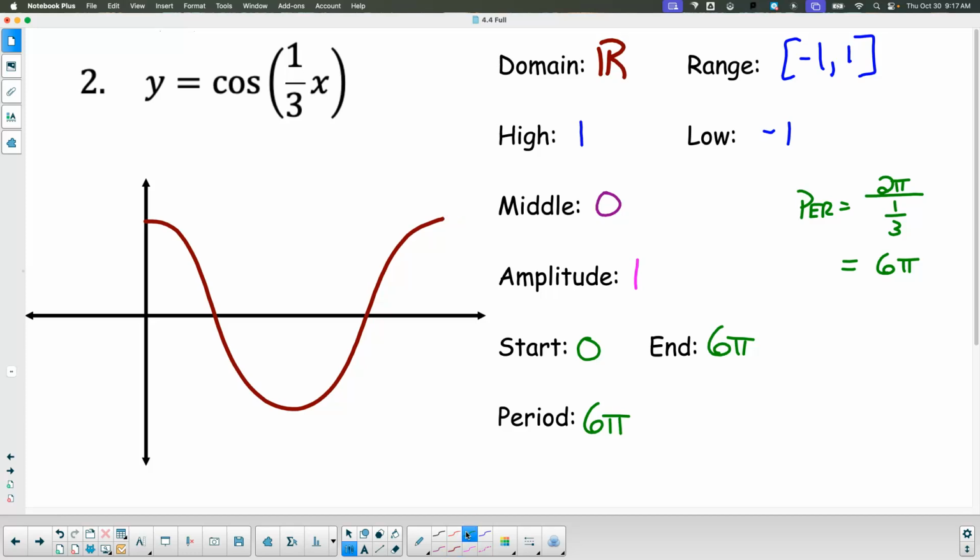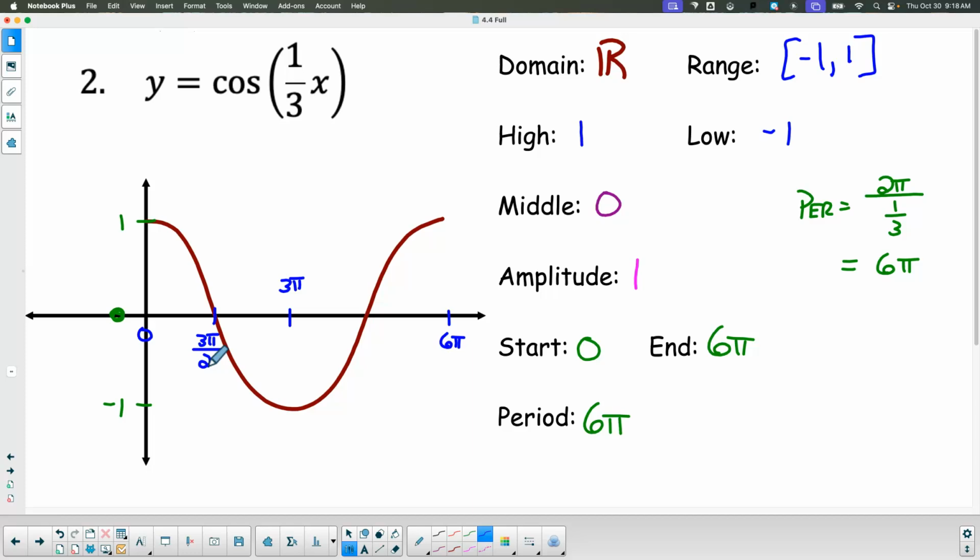Vertically, 1, 0, and -1. Bad 0 again. It's twice on this slide I gave a bad 0 there. Horizontally, 0 goes all the way out to 6 pi. Halfway to 6 pi is 3 pi. Halfway to 3 pi is, can we say it as 3 pi over 2?